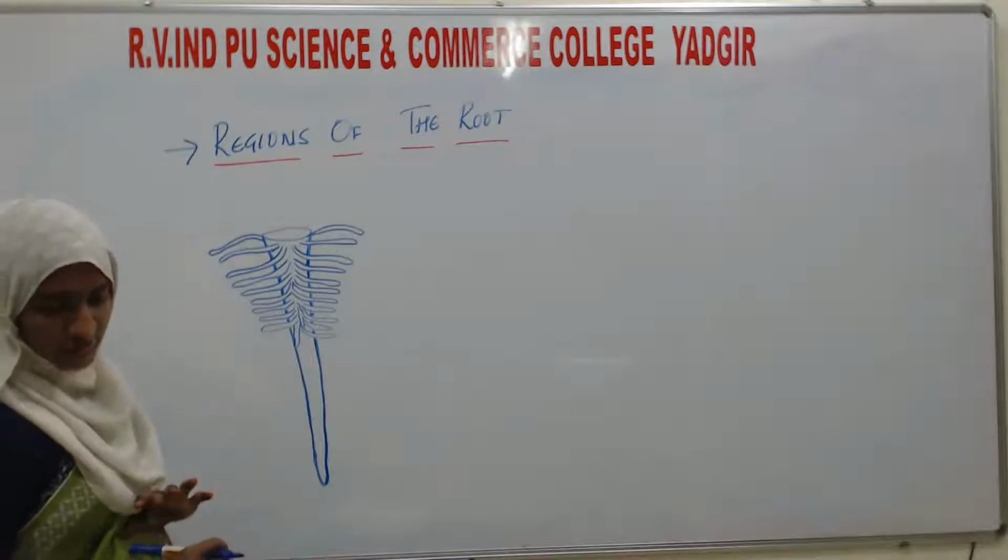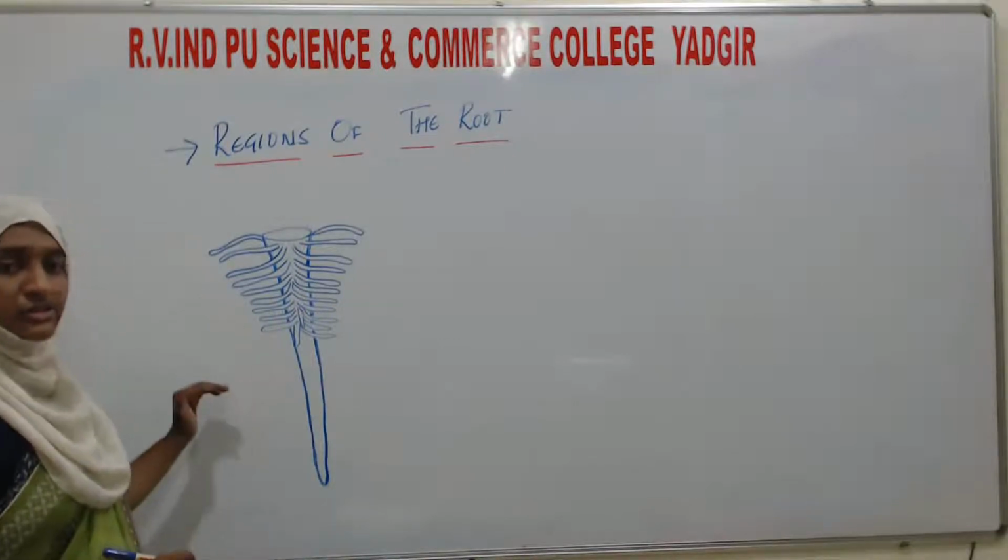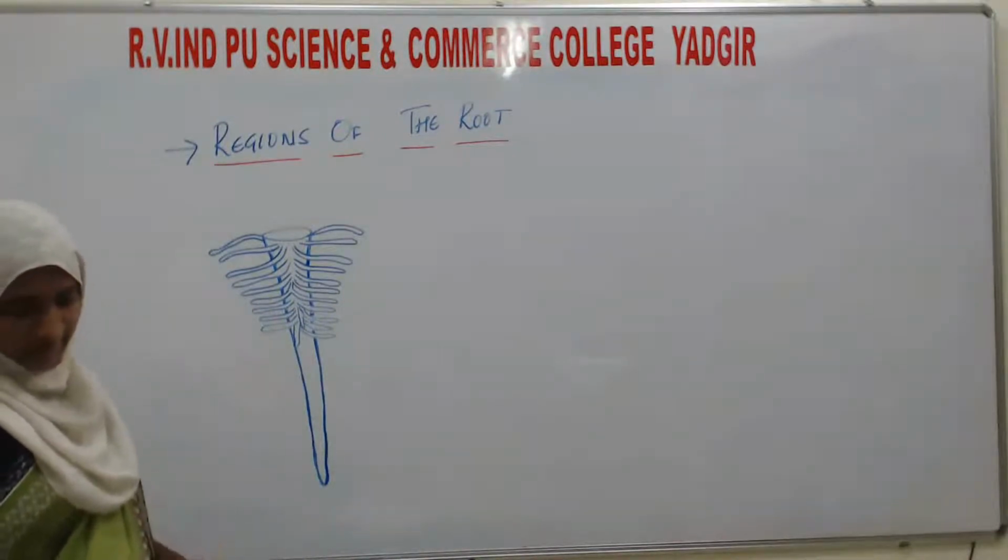So this is the structure to explain the regions of the root. So let's see here.